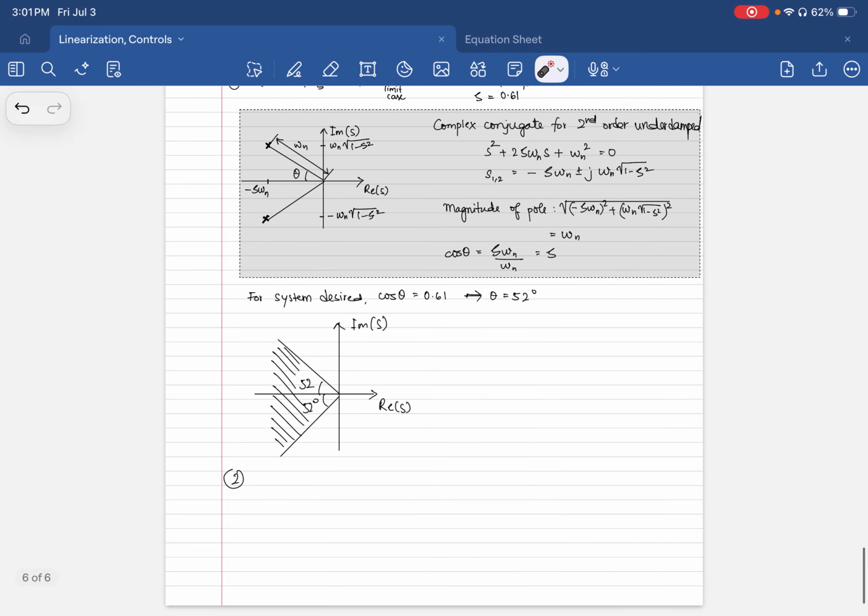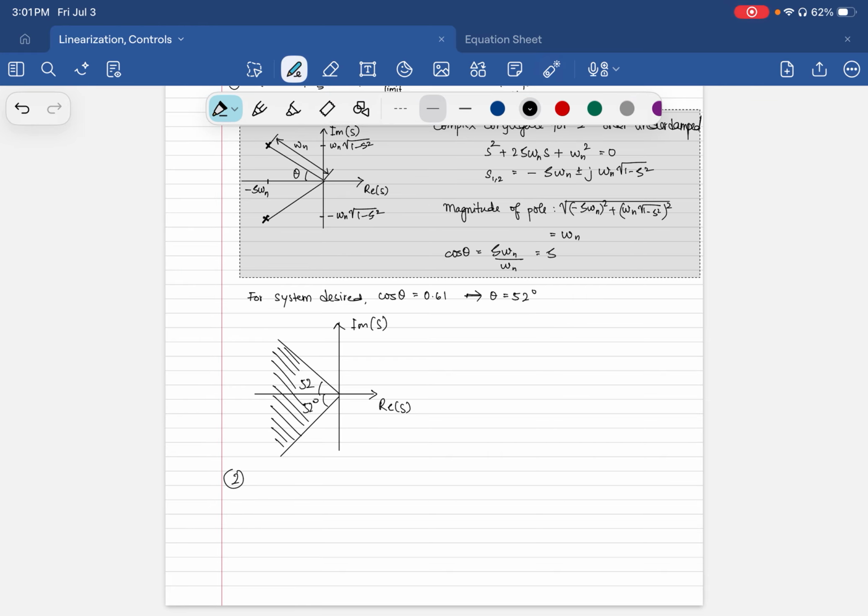Let me write this down formally. Ts less than or equal to 0.1 means 4 over the magnitude of the real part of the dominant pole must be less than or equal to 0.1, which gives me essentially that the magnitude of the real part of the pole must be, is it greater than or less than? It will be greater than or equal to 40.